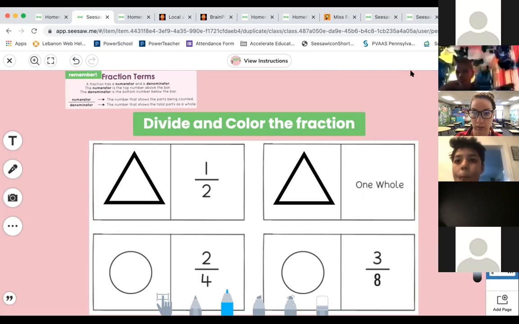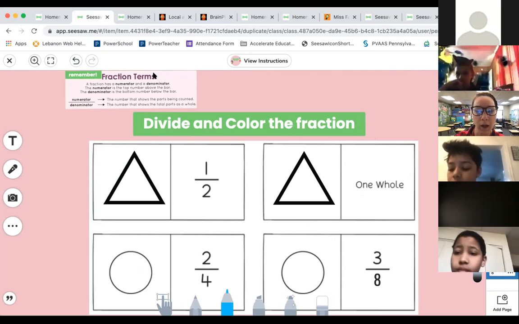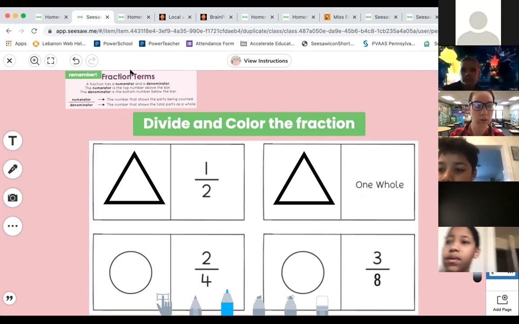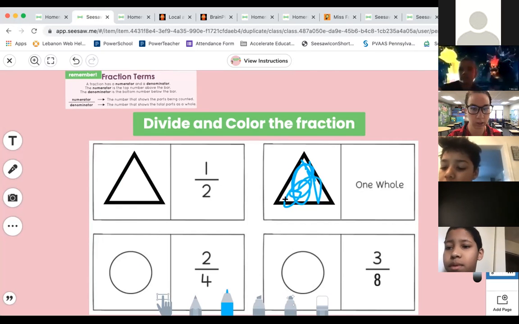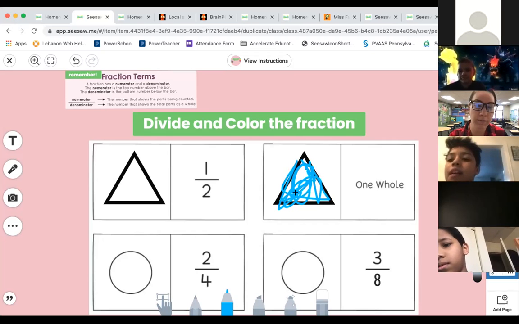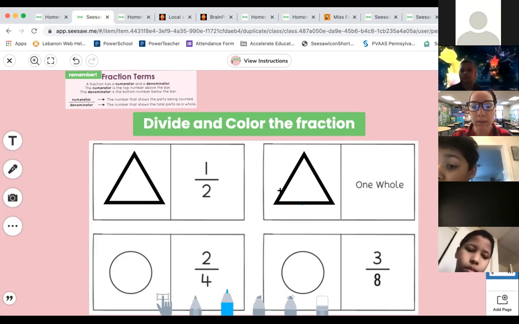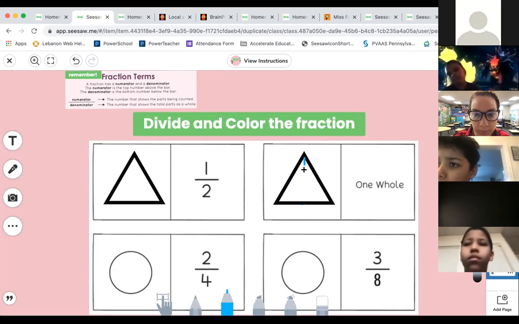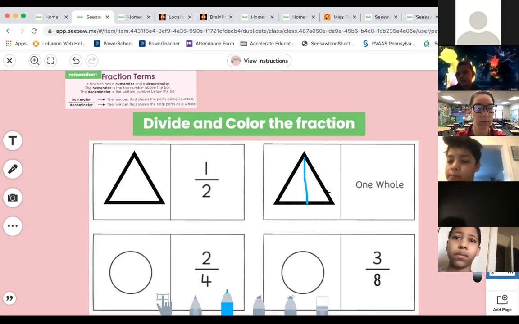Why does one say a whole? One whole. Ooh. How does it matter how we divide the whole? No, because it's just the whole thing, right? Like it's just the whole thing is colored. I could divide something into one whole. If I made this into halves, 2 parts, I would just have to color both parts and I would have one whole, right?